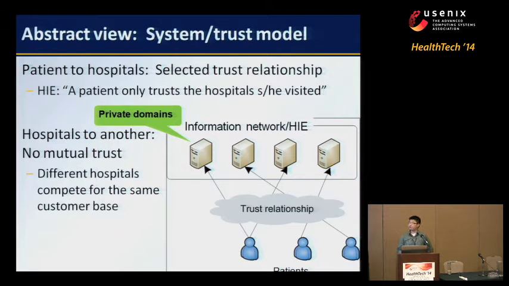Let's take a look at the system model of each information network. We can see that this system consists of two parties. One is hospital, the other is patient. Take a look at this picture.